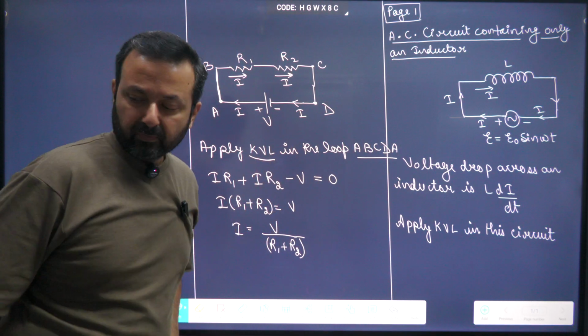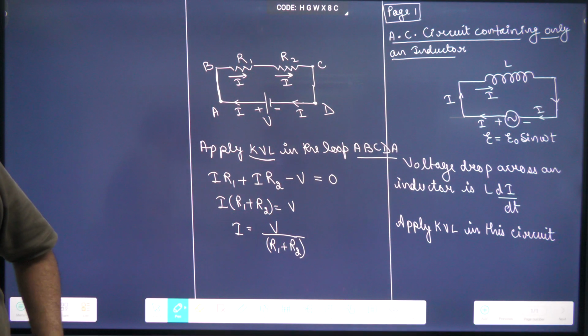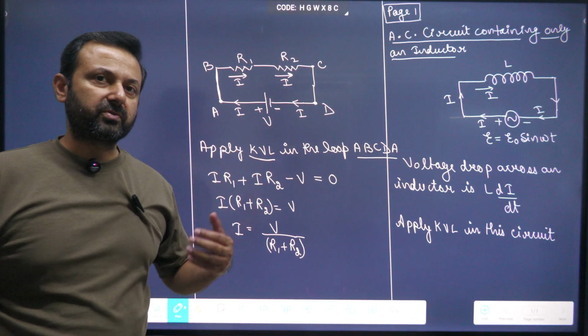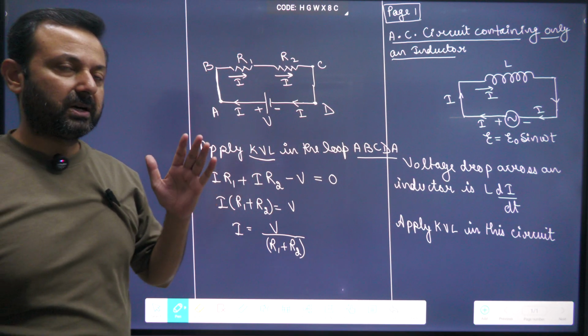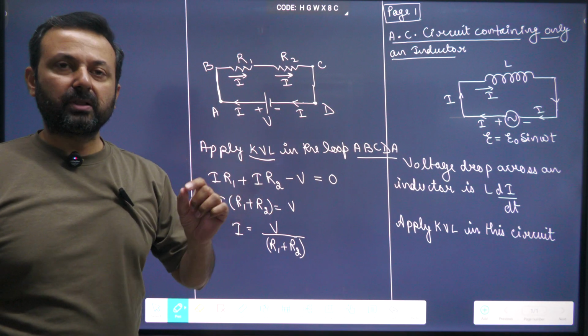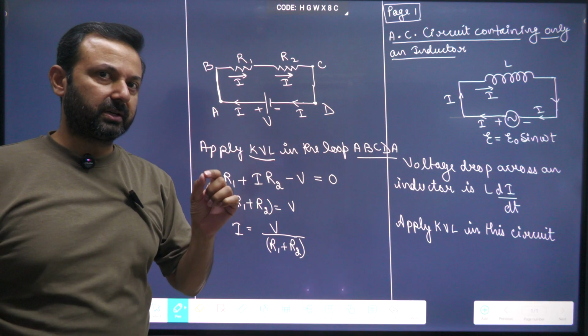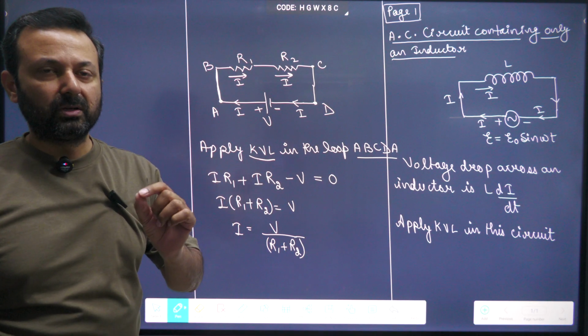Okay, now we have two types of laws. One is Kirchhoff's current law and one is Kirchhoff's voltage law. So Kirchhoff's voltage law states that the algebraic sum of all the voltages in a closed circuit is always equal to 0.